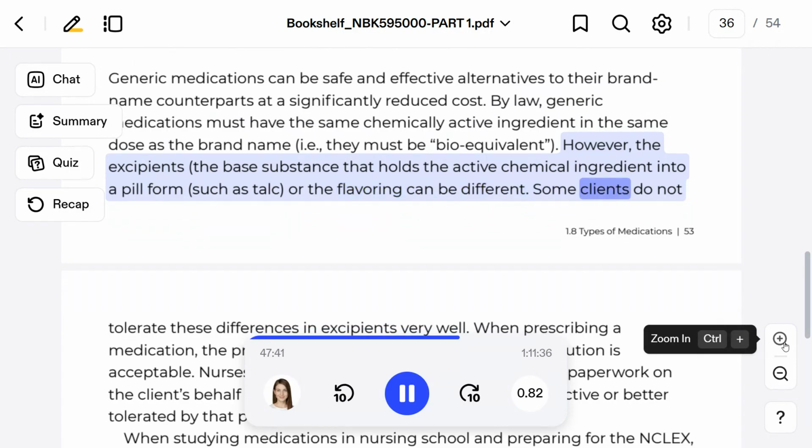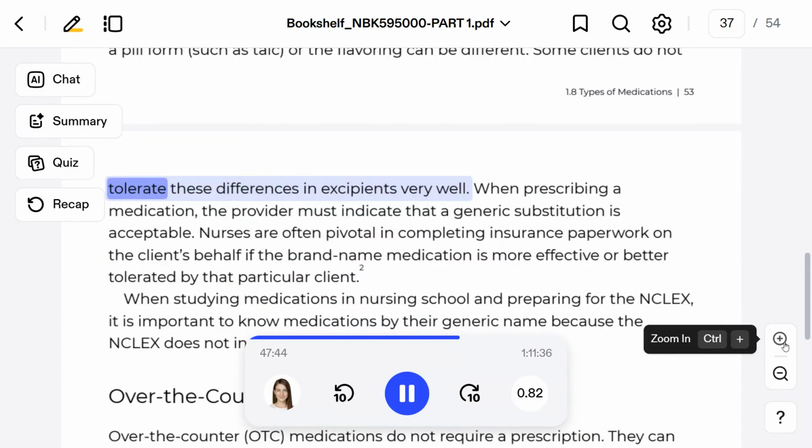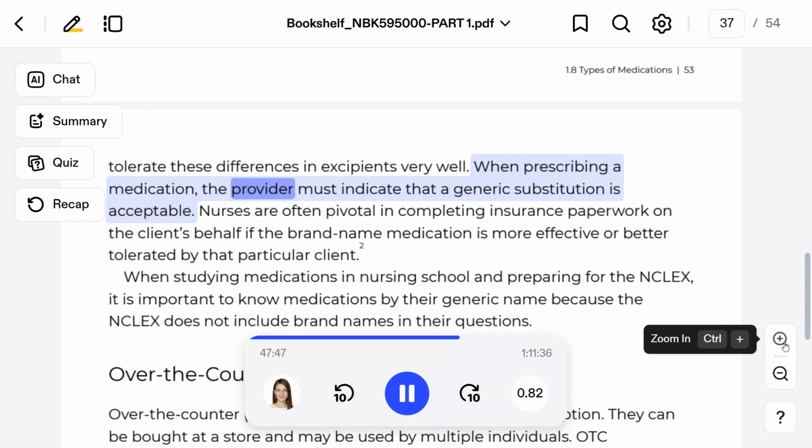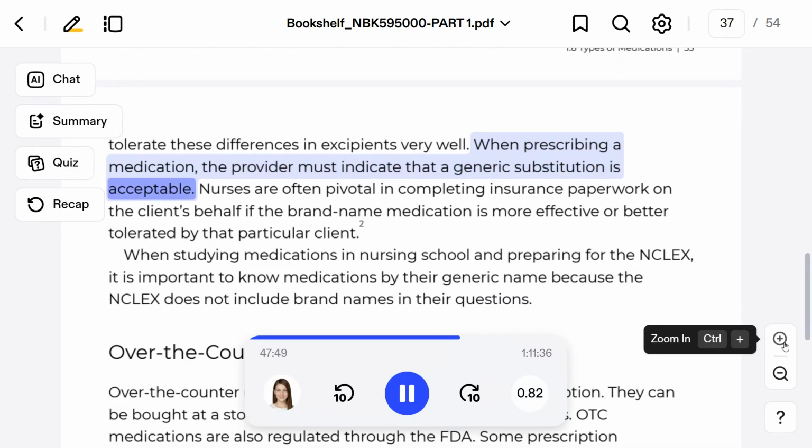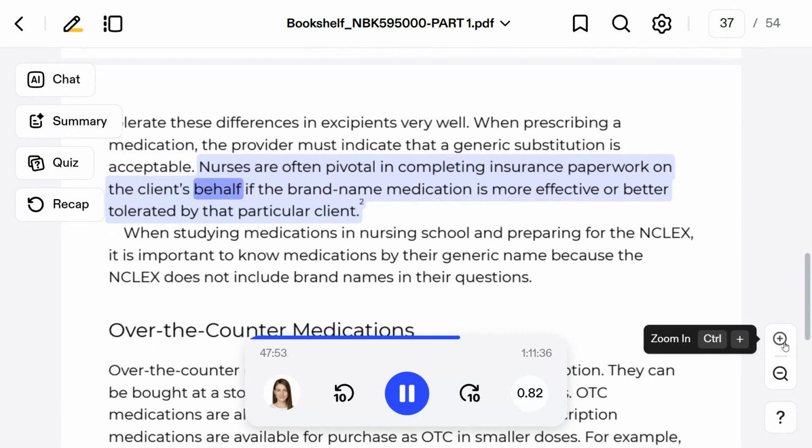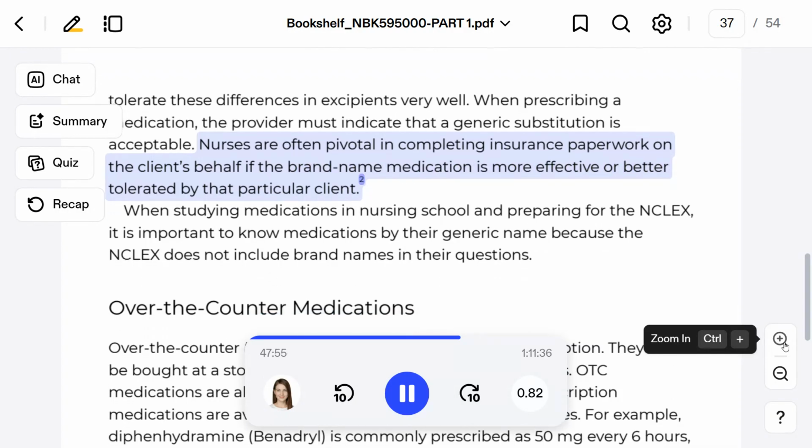Some clients do not tolerate these differences in excipients very well. When prescribing a medication, the provider must indicate that a generic substitution is acceptable. Nurses are often pivotal in completing insurance paperwork on the client's behalf if the brand name medication is more effective or better tolerated by that particular client.